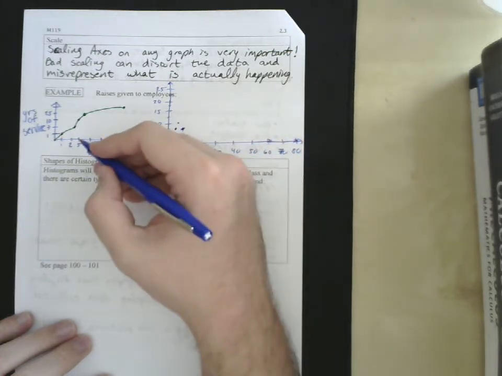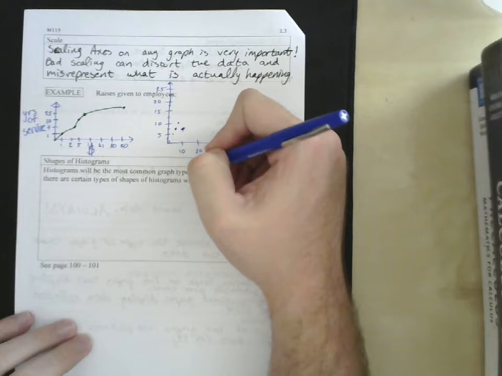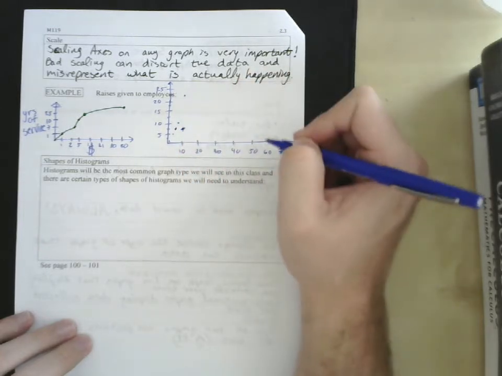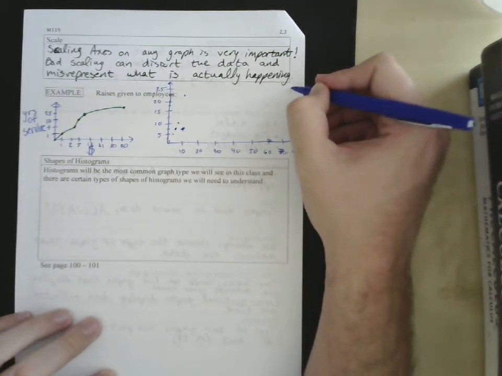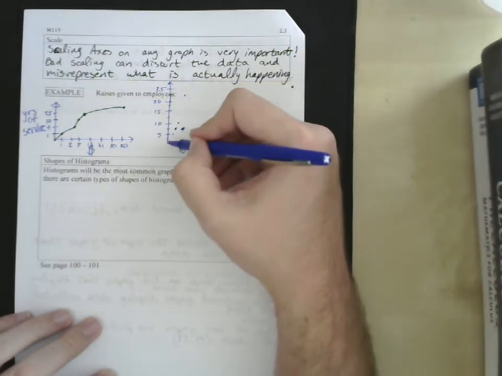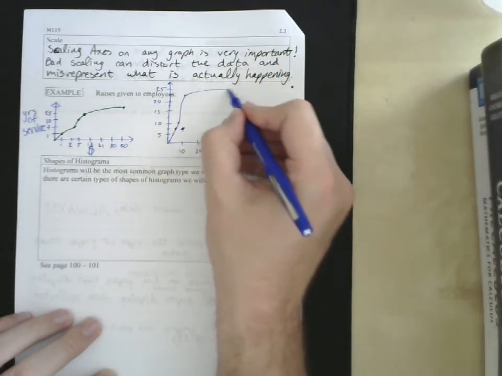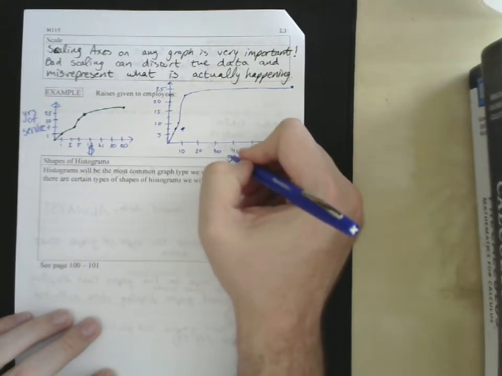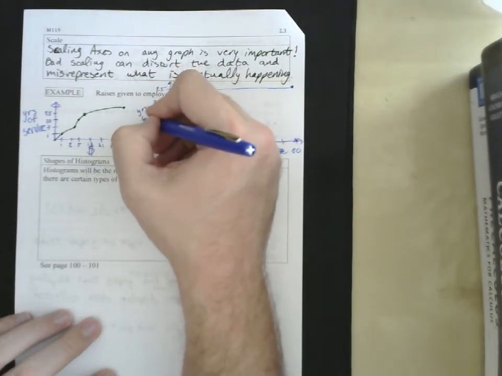And then the next data point isn't until way out up here. And then your next data point isn't until way out here. And now you see, again, this is your dollars, and this is your years of service.